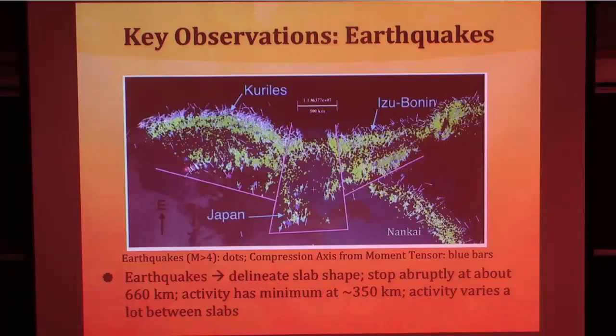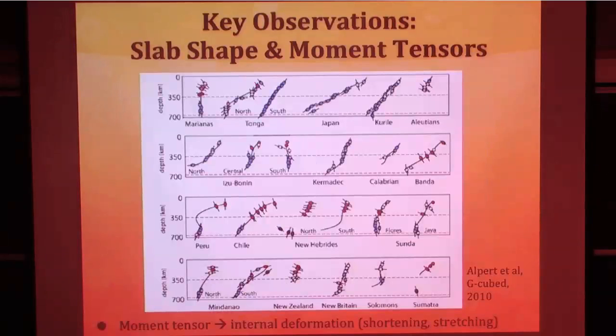But we can also use the moment tensors from these larger earthquakes to figure out what the stress state is. Okay? Not everybody's probably familiar with moment tensors, but a moment tensor is basically a way of using the observed seismic waves to invert for what would have been the strain at the location of the earthquake that caused that deformation.